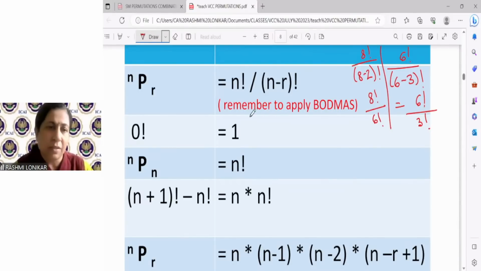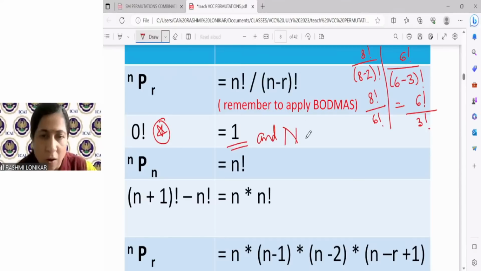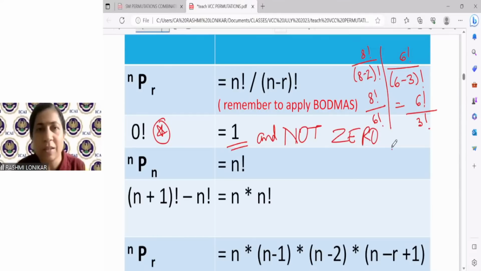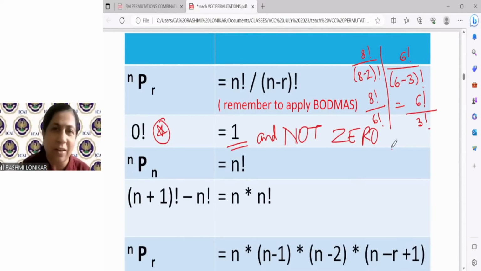Do remember that another extremely important formula is 0 factorial is equal to 1 and not 0. Remember this. This is the game changer formula. 0 factorial is 1. Otherwise, we go around and put it as 0, which is not the case. Okay. nPn: suppose I have 5P5.